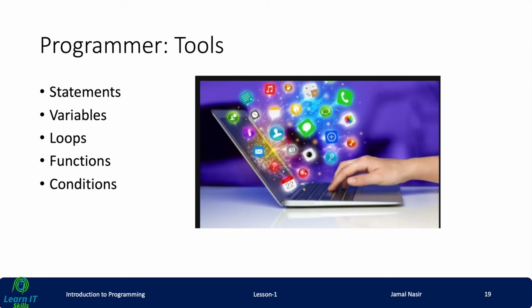If you know these tools, then you can make any computer program, any computer application, just like a carpenter. All the applications that you are seeing nowadays consist of these tools or their advanced forms. So you have to learn these tools, when to use them, how to use them. This is very important for this course.